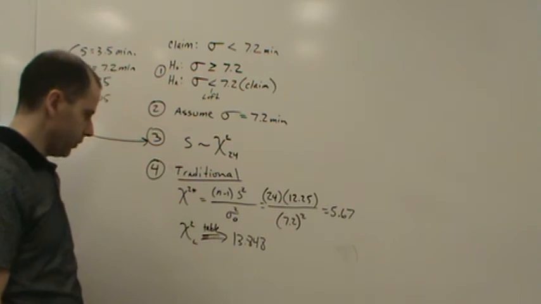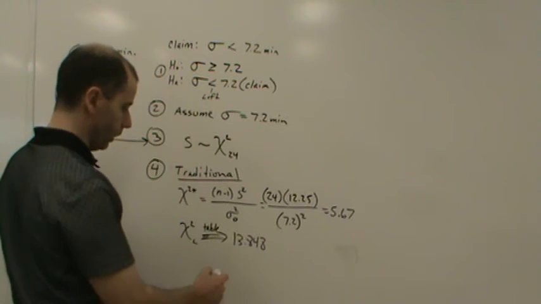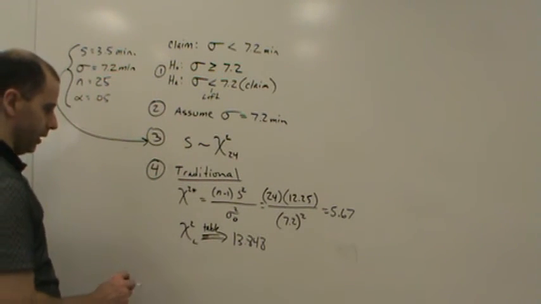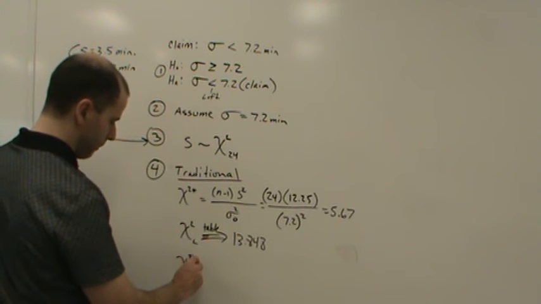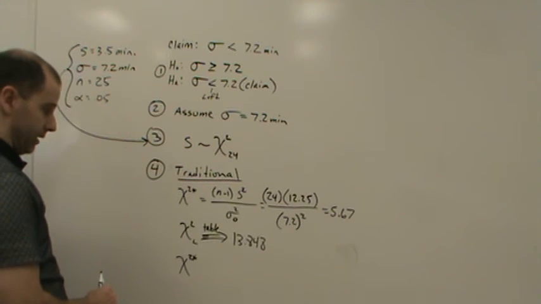Okay. So now I'm going to do my comparison. It's a left-tailed test, so I'm going to reject if my chi-squared test statistic is less than or equal to my critical value.